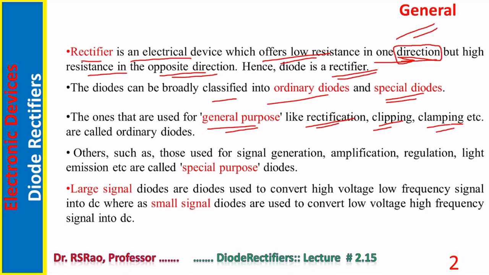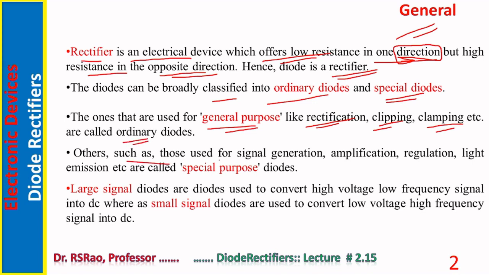Clamping means raising or falling a waveform to a certain voltage level. So rectification, clipping, clamping, all these techniques use diodes. Those diodes which are used in these methods are called ordinary diodes.